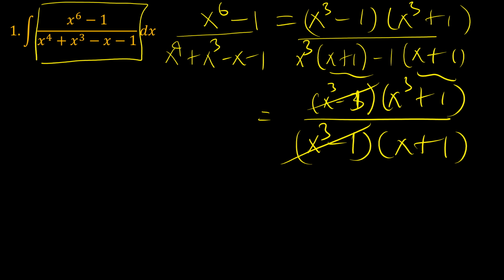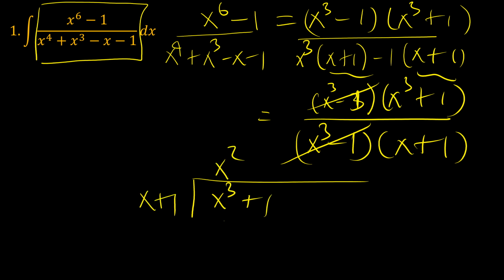And so we are left with something interesting. We have to divide x to the power 3 plus 1 by x plus 1. When we multiply by x squared, we have x cubed plus x squared, so that we have minus x squared plus 1.